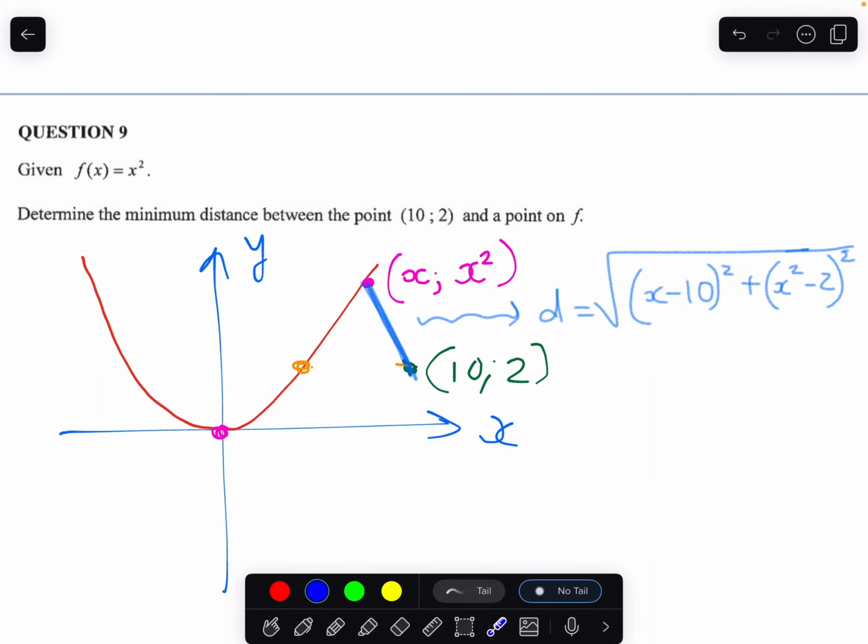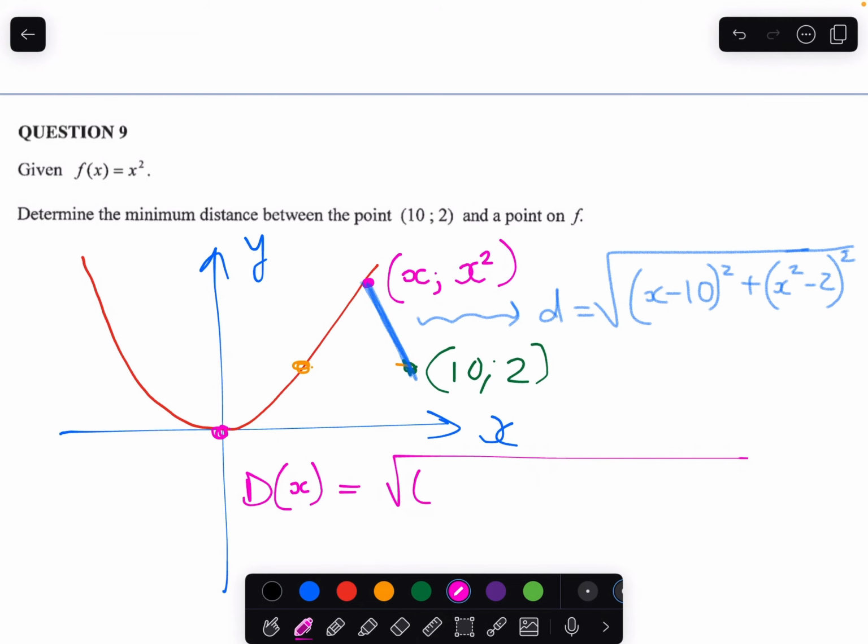Right, so this is what we are trying to optimize, right? So, there's tricky things happening here. If we call this function the distance given some value x, then it looks like this.